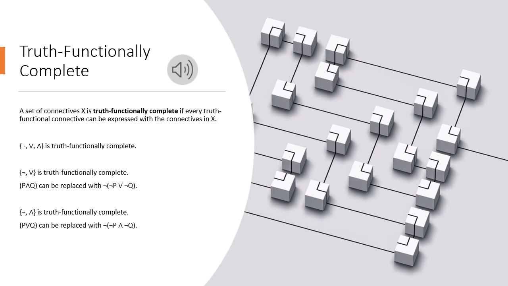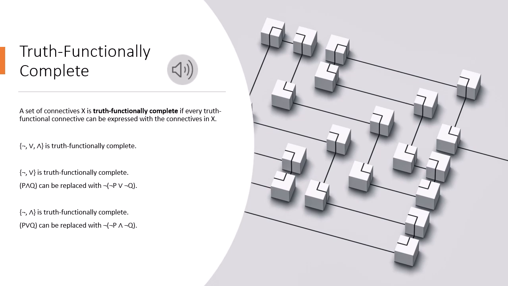Now, it turns out that using that piece of information, we can also show that a lot of other collections of truth functional connectives are truth functionally complete. For example, that list of three is a bit redundant. We can either forget about conjunction or disjunction, and we remain truth functionally complete.